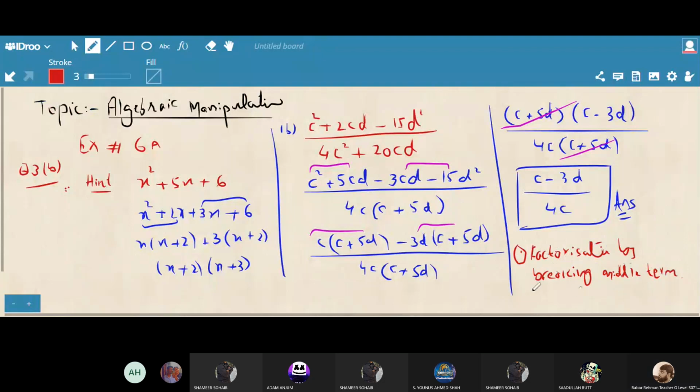And second thing, the identity a square minus b square is equal to a plus b times a minus b. Okay, you have to keep this in your mind. Wherever the identity is applied, you have to apply this identity as I have applied in the last question.